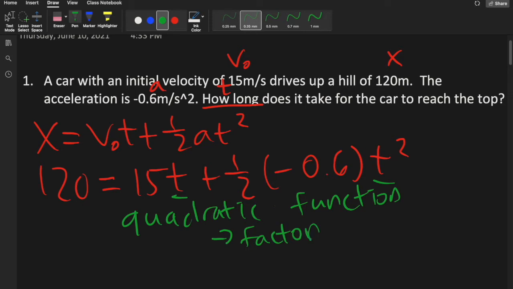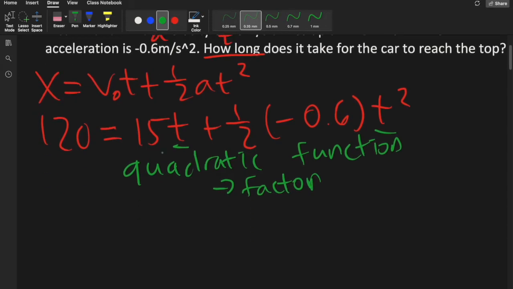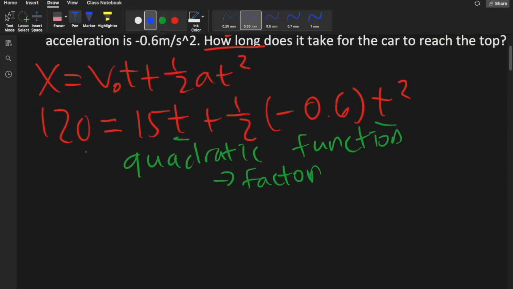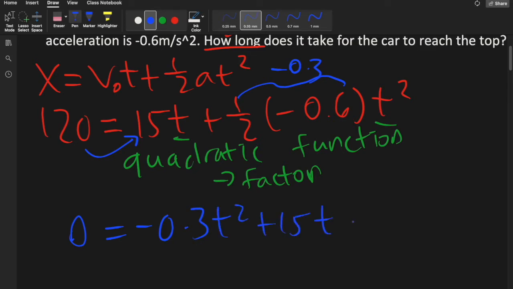What I'm gonna do is move the 120 to this side, and simplify this part, so this is equal to negative 0.3. So 0 is equal to negative 0.3t squared plus 15t minus 120, right?